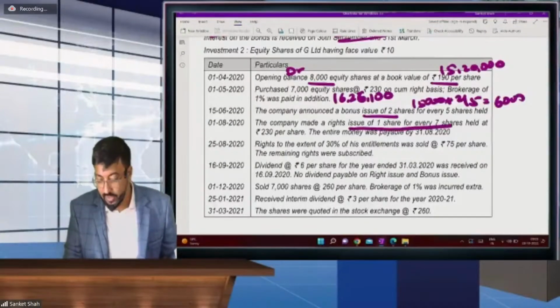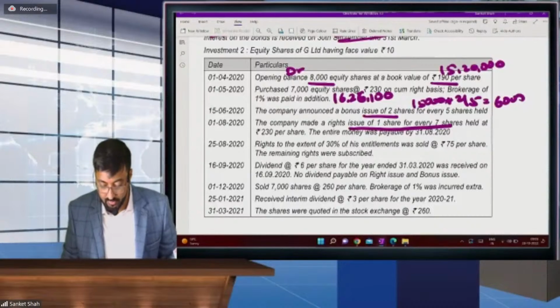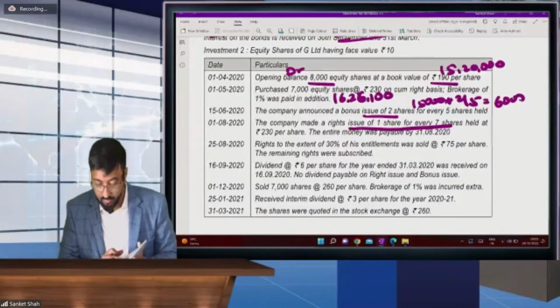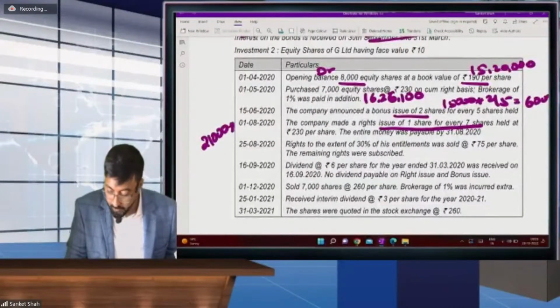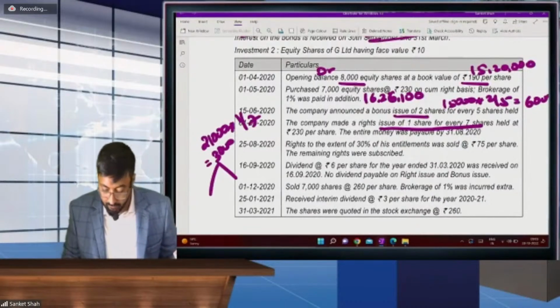Right issue on 1 share for every 7 shares. So right shares, 8,000 plus 7,000 plus bonus 6,000, 21,000 into 1 divided by 7, 3,000.